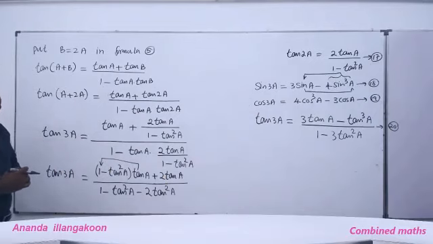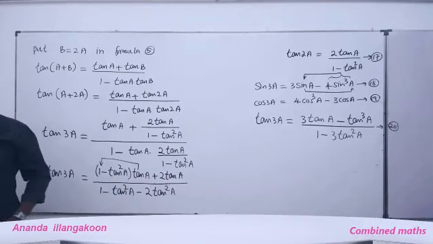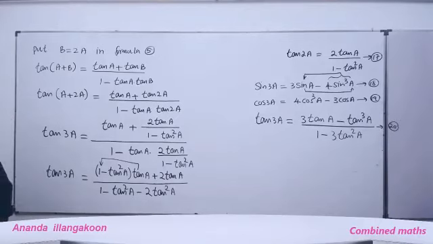Tan 3A is 3 tan A minus tan cube A divided by 1 minus 3 tan squared A. Okay, no? Right. Now there we obtain, people, formula number 20.